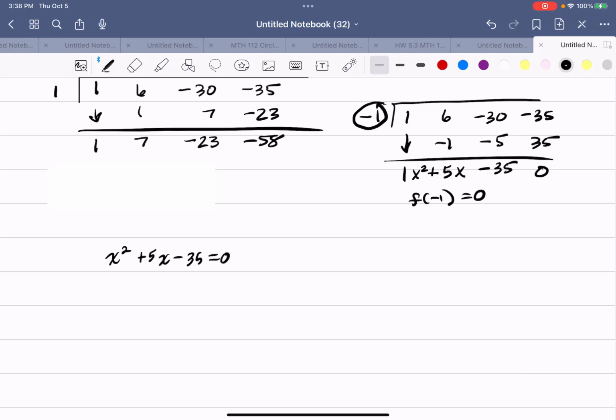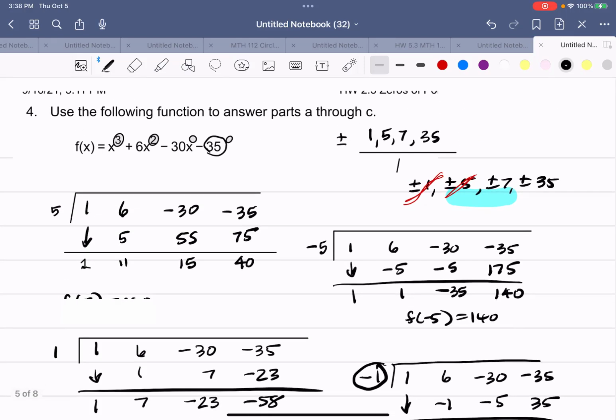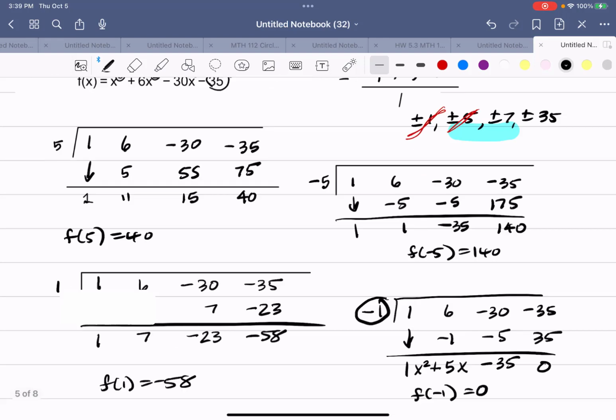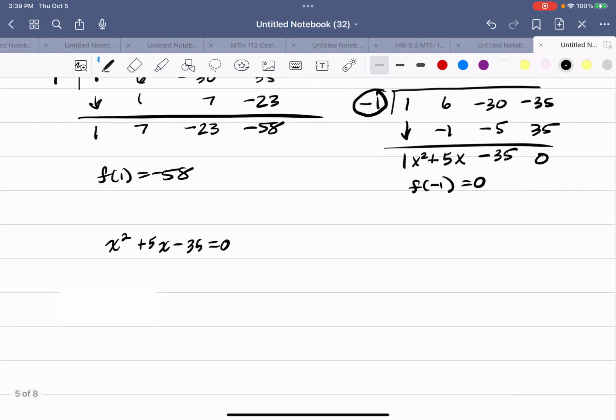Now, if this was a 4-term polynomial like we had at the beginning, and we tried to factor it, and it didn't factor by grouping, that's different from x squared plus 5x minus 35. You don't need to try any more factors in this because you know the rule for factoring trinomials.